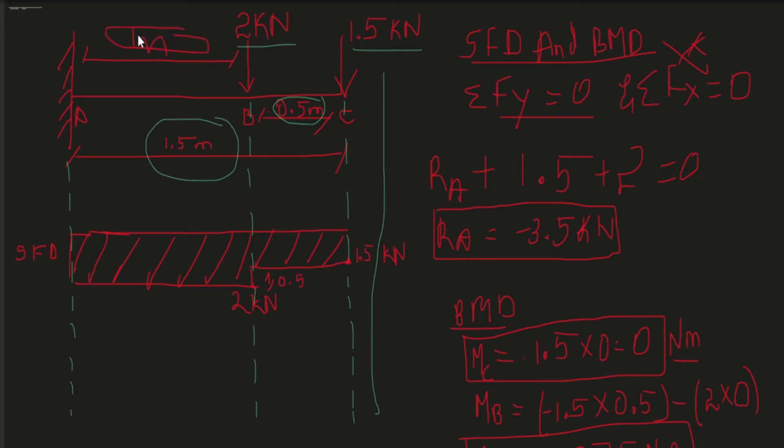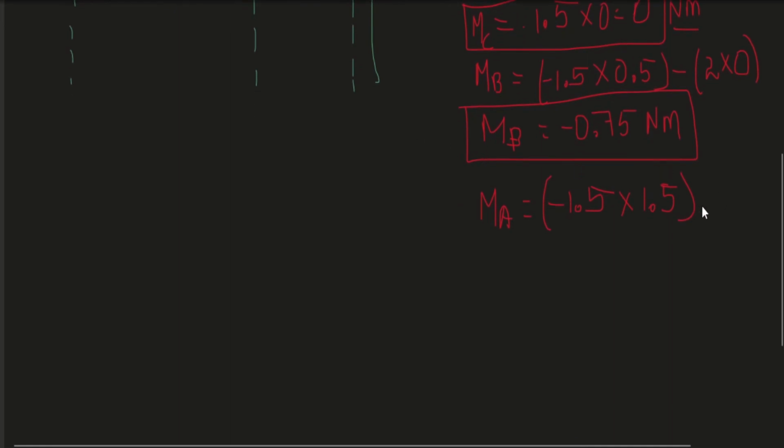So a force of 2 kilonewton acts at a distance of 1 meter, so minus 2 into 1.